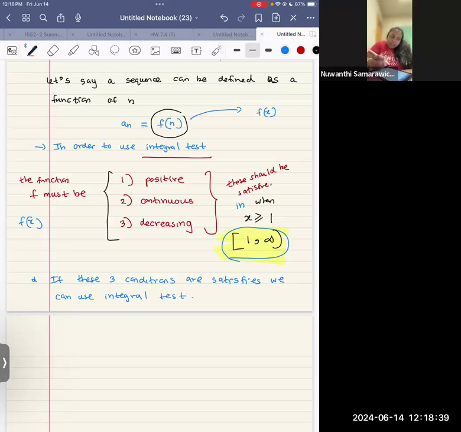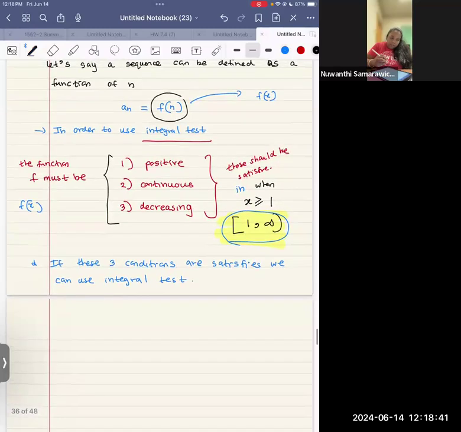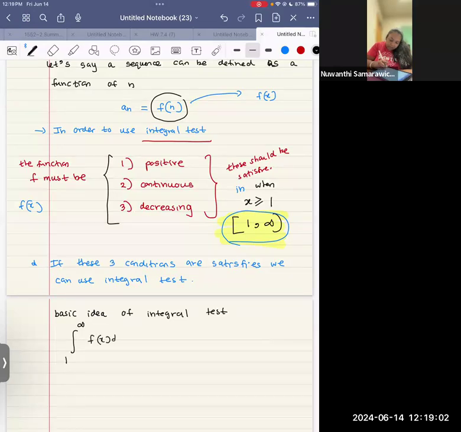Okay, now let's see what the integral test is. The basic idea is that we take the integral from 1 to infinity of f of x dx.